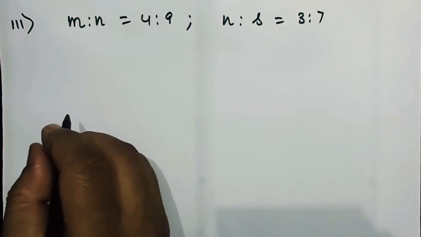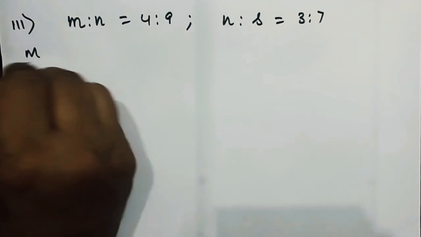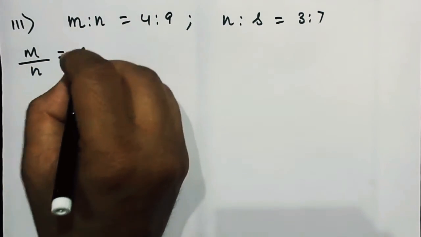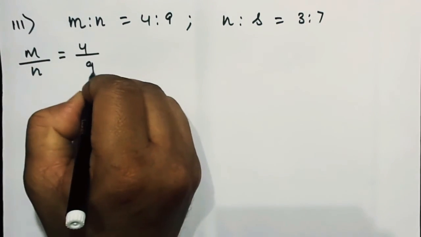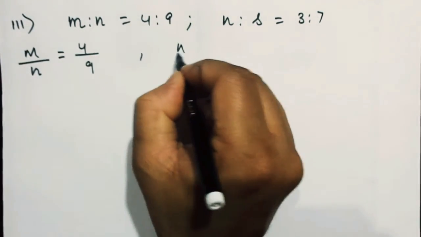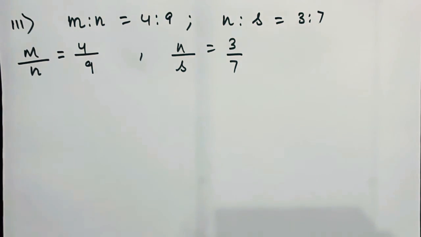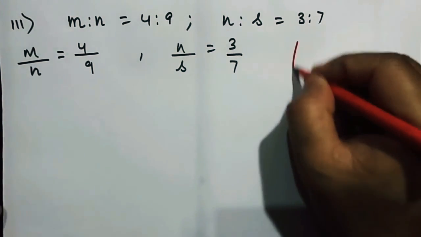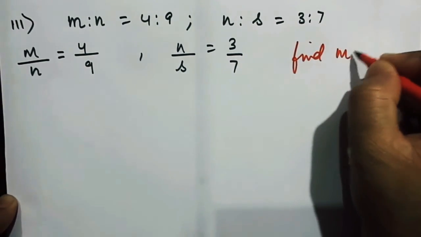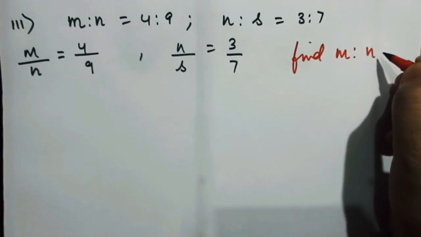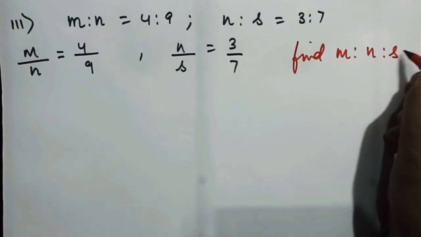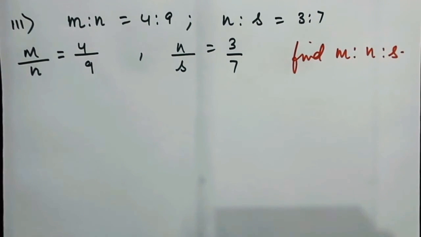So where lies the problem? They have given m by n is equal to 4 by 9 and n by s is equal to 3 by 7, and they are asking you the ratio of m is to n is to s.